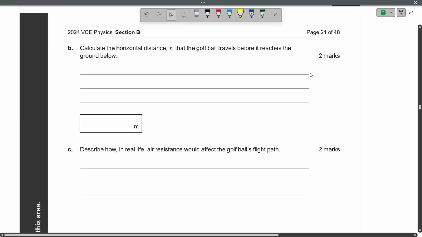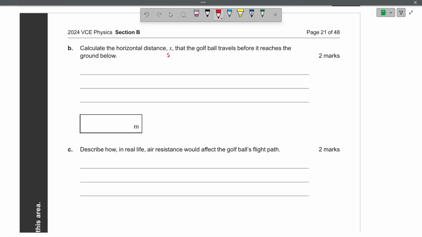We can do this very simply just using speed equals distance over time. So what are we trying to work out? We're trying to work out horizontal distance x, which is like horizontal displacement, Sx. We know the initial horizontal speed, and because there's no air resistance, that doesn't change over time, so that's a constant value.